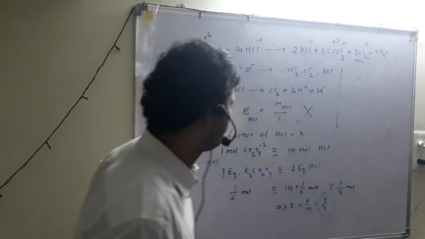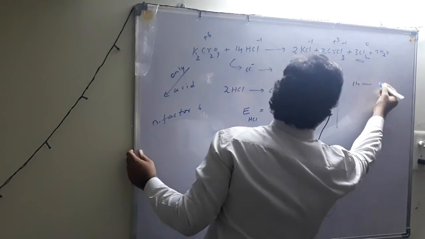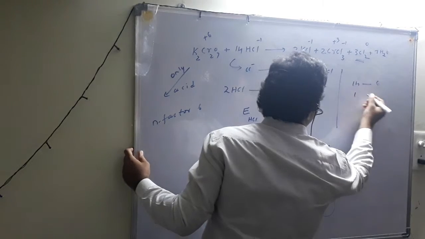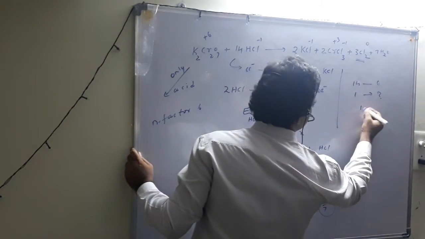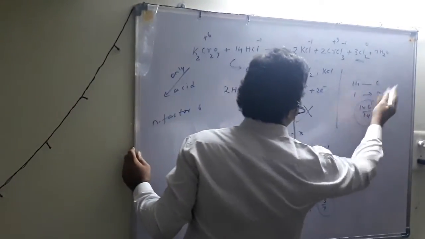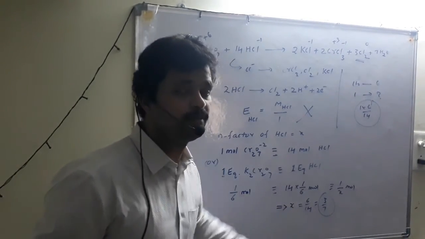This is quite simple. You see, 14 moles of HCl converted into 6 moles. But n factor is defined for 1 mole. So for 1 mole, the change in oxidation state, how much? That is 1 into 6 by 14. This is the change in oxidation state per mole of substance. So we got the n factor.